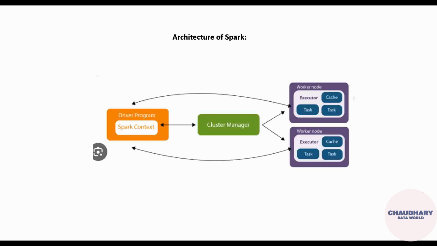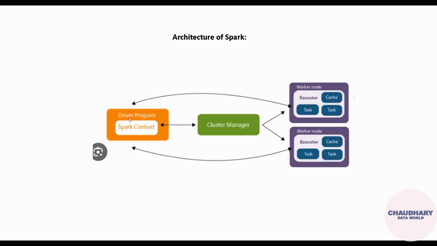This PySpark or Databricks gives us the API for whatever code we have. Suppose we can give SQL code here for the transformations, we can provide Python code, or we can provide Scala code. Whatever code we provide will be taken by the driver program and then further executed.